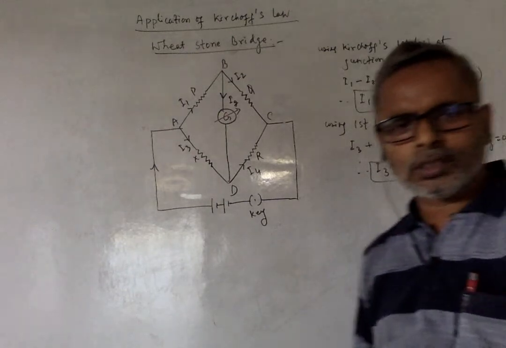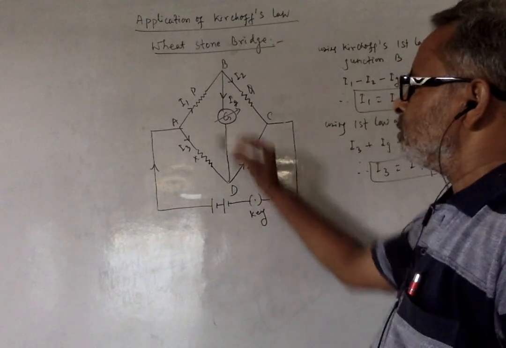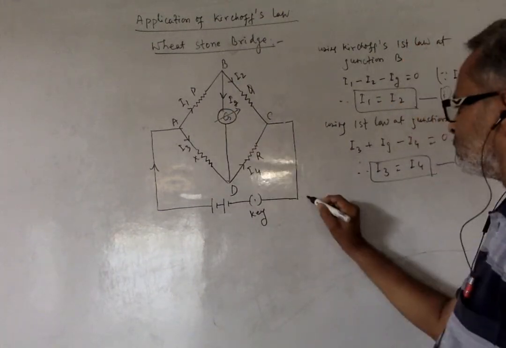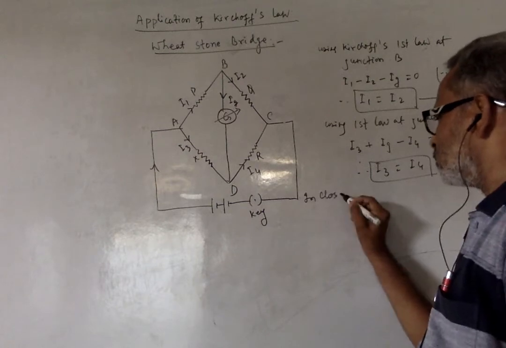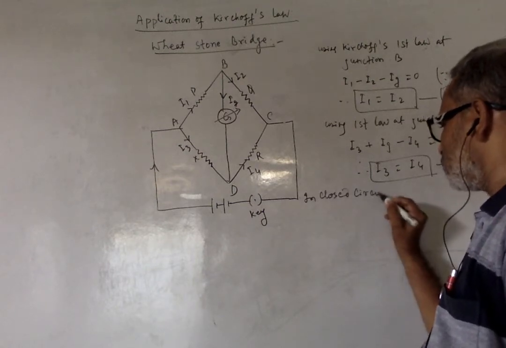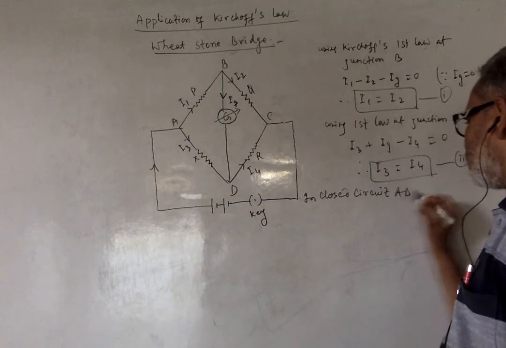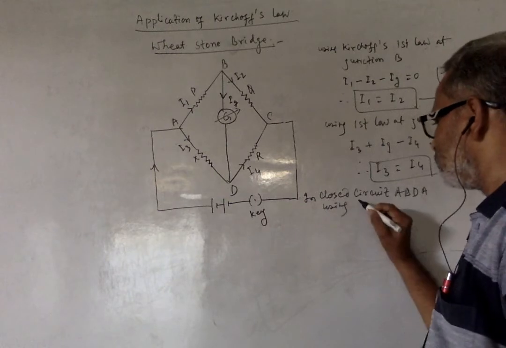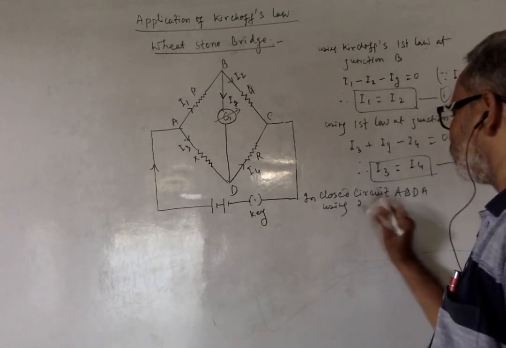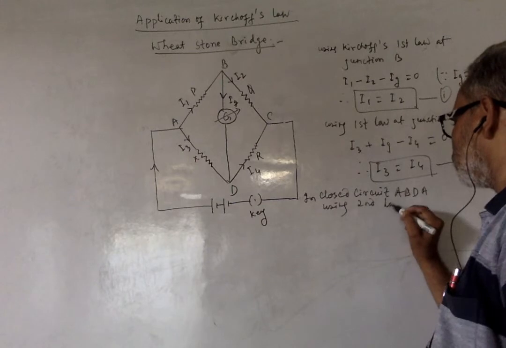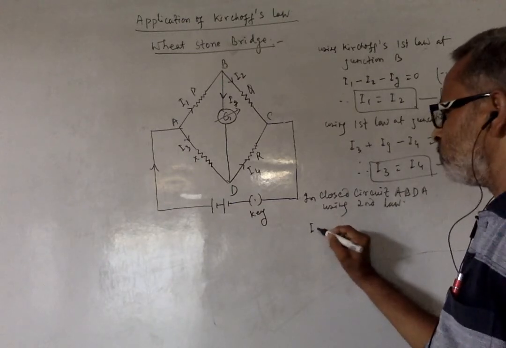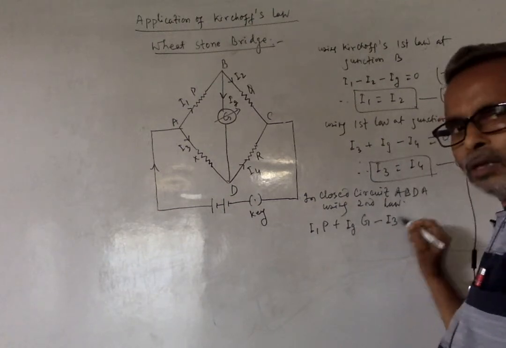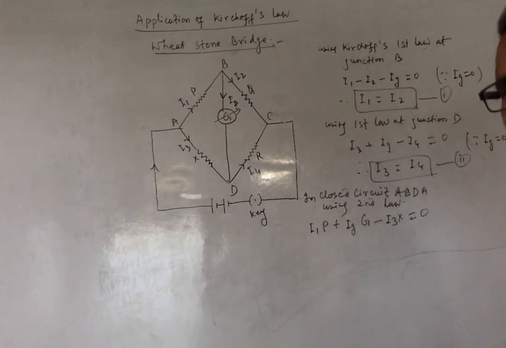Now using Kirchhoff's second law in closed circuit ABDA: I1P plus IgG minus I3X equals 0.